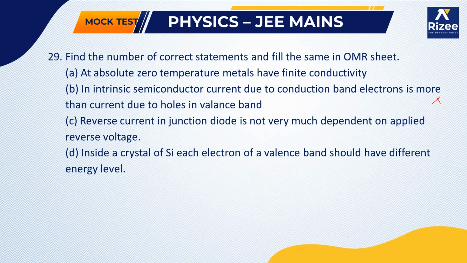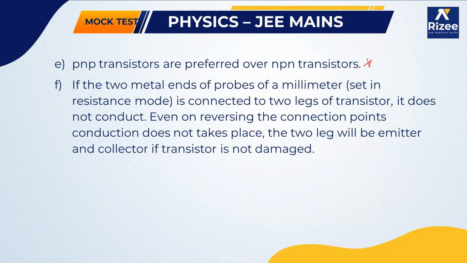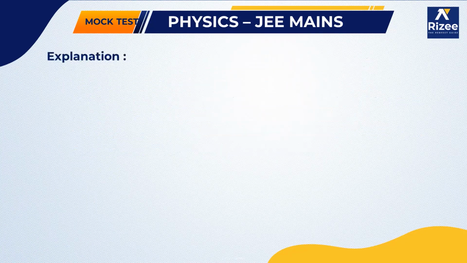Next one, reverse current in a junction diode is not very much dependent upon the applied reverse voltage. So the total is going to be 3 wrongs out of the 8 statements. So the other 5 are correctly given.